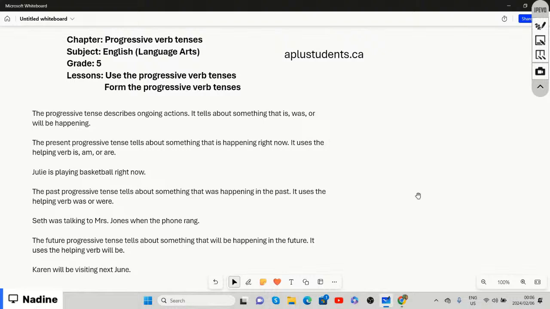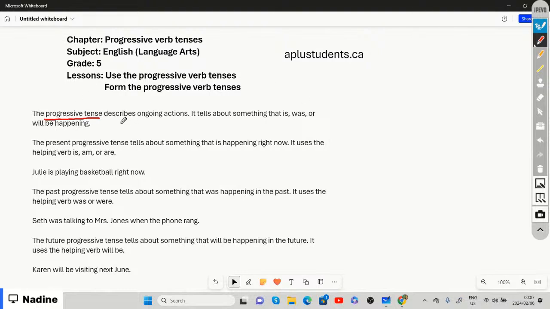All right. So we said that our chapter is to form as well as to use the progressive verb tenses. Progressive verb tenses describe ongoing actions.